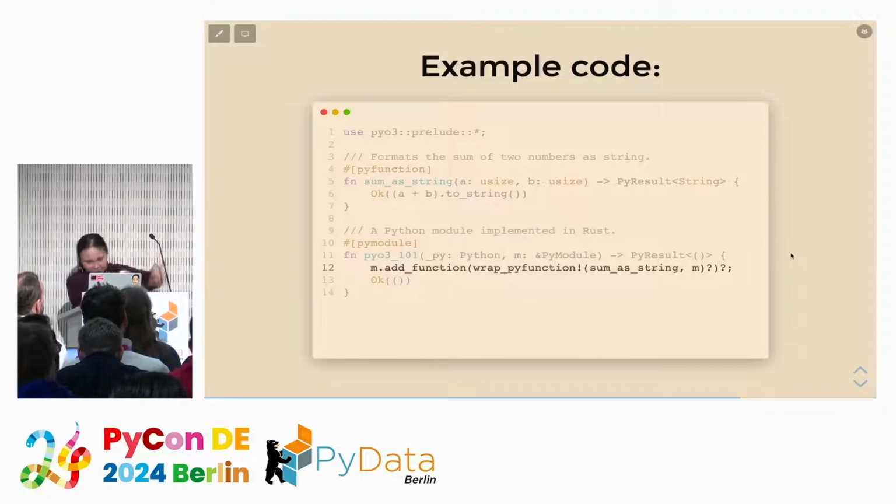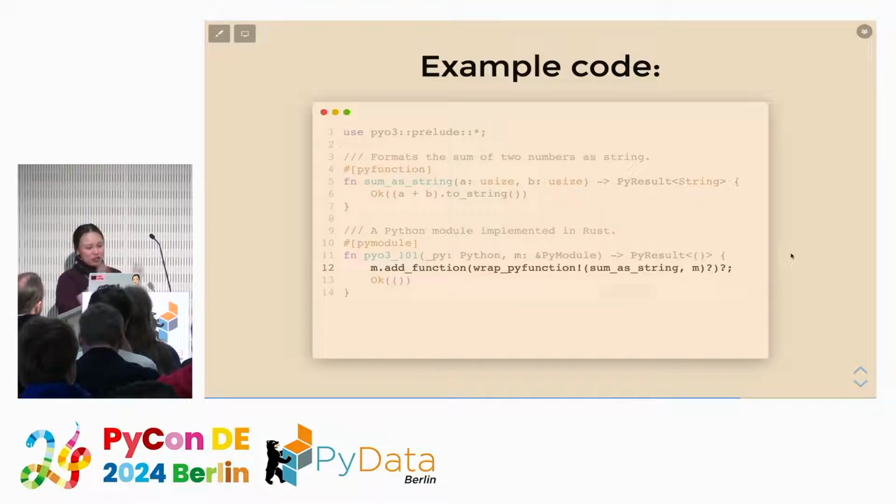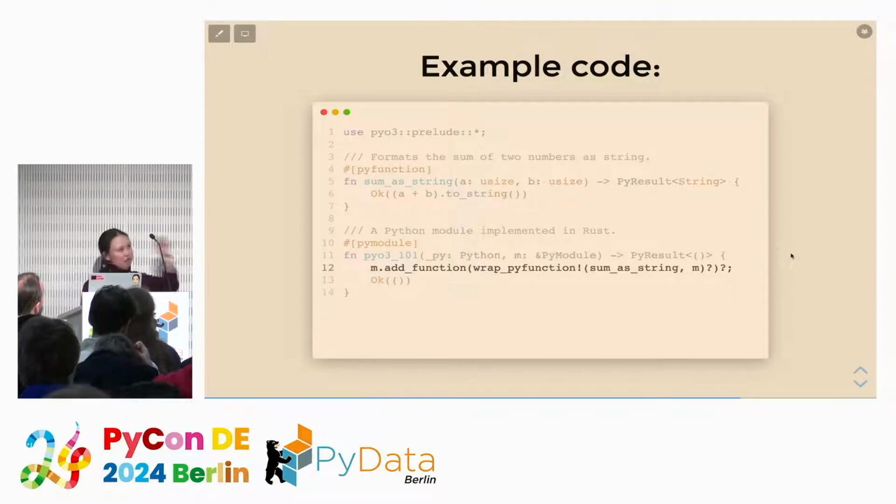I'm highlighting this line again because there is a question mark at the end. First, you see the semicolon. This is kind of like saying that the next line is another thing, like a line break, and also this is not going to be returned. And then there's the question mark. What are the question marks? The question mark is kind of like a shorthand. If, for example, the wrap py function somehow has an error, that error will get directly passed as a return, and then we just terminate it. We don't have to worry about what comes after that line.